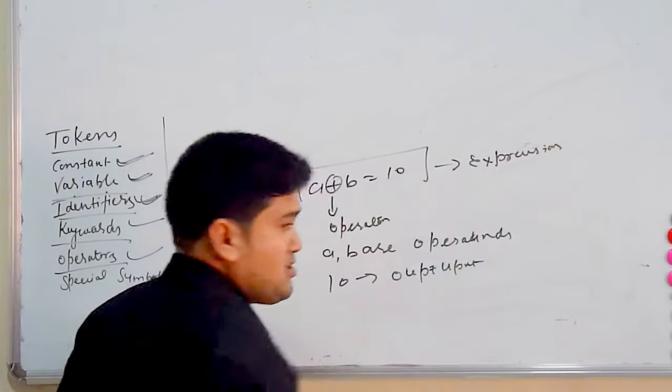So in programming language, operators are basically categorized into two parts. The first one is called the unary operators and the second one is called the binary operators. Now, what are the unary operators? A unary operator means an operator which requires only one operand for the calculation.